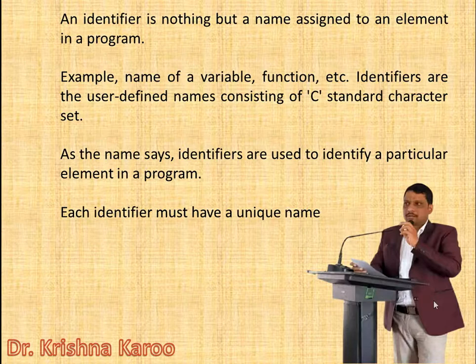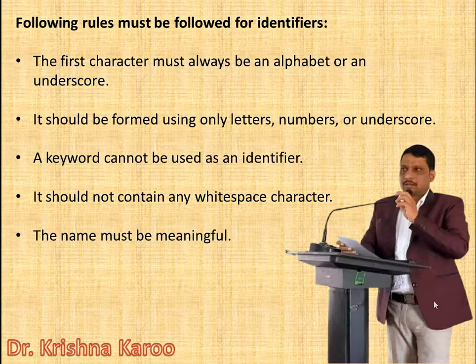As the name says, identifiers are used to identify a particular element of a program, and each identifier must have a unique name. These are the rules for creating an identifier.